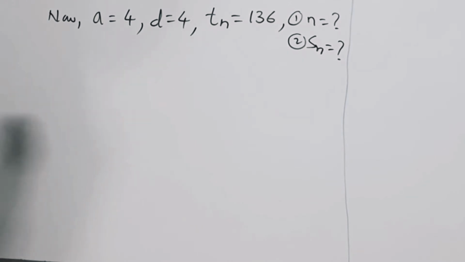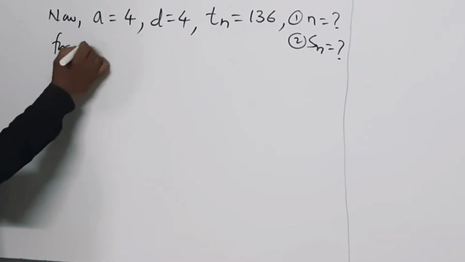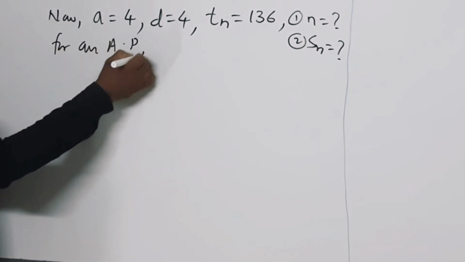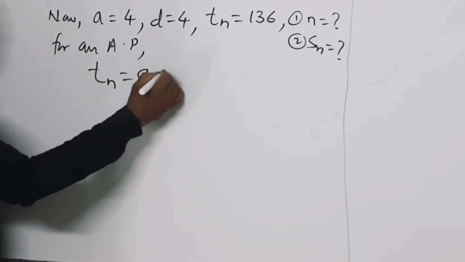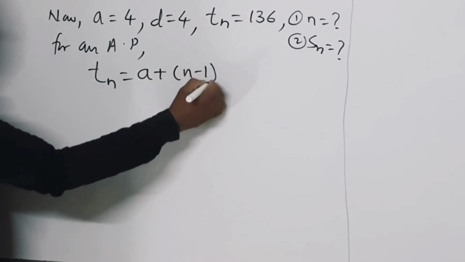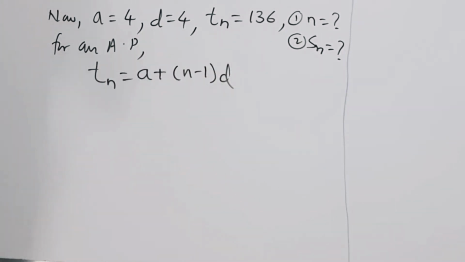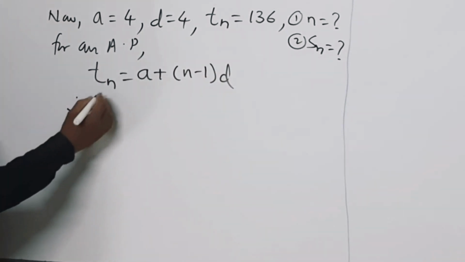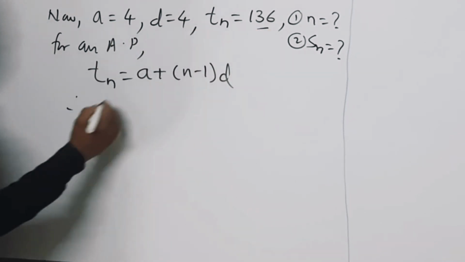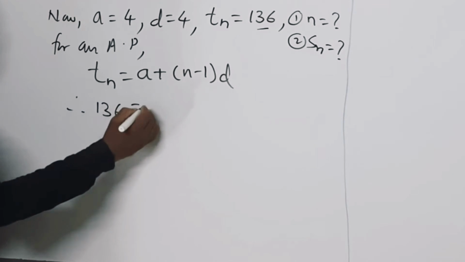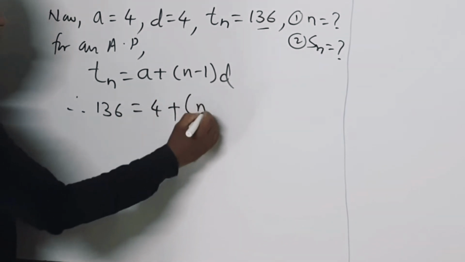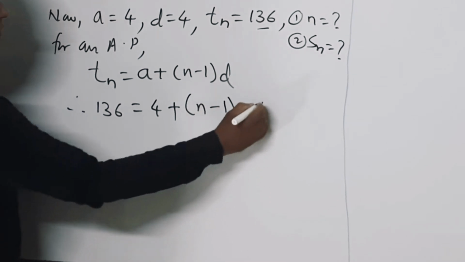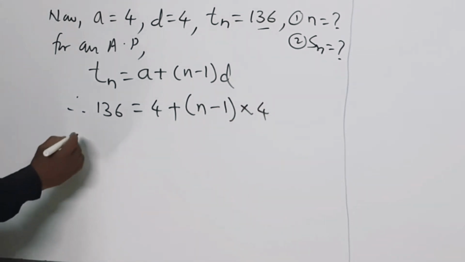Now for an arithmetic progression, the nth term Tn is given by the formula A plus n minus 1 into D. Therefore, Tn, the last term, that is 136, is equal to 4 plus n, we have to find, minus 1 into D, which is also 4.